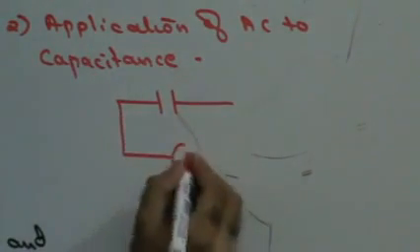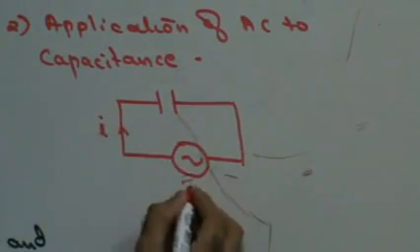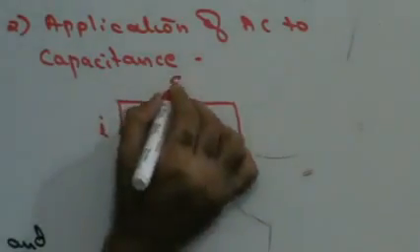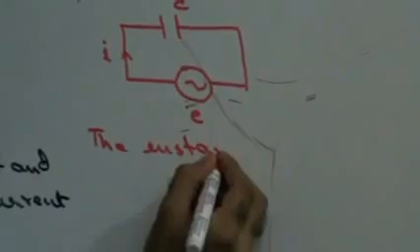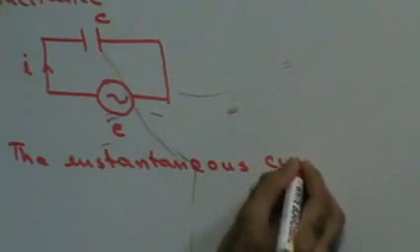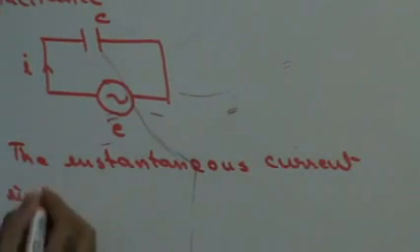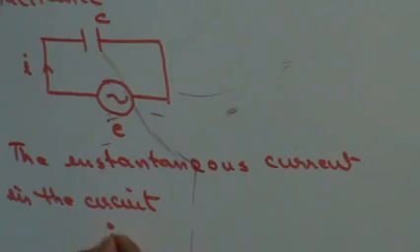Let's consider an AC circuit with a capacitor in it. This is current I, this is EMF E, and this is your capacitance C. Let the instantaneous current in the circuit, the AC current we have derived, be I0 sin omega t.